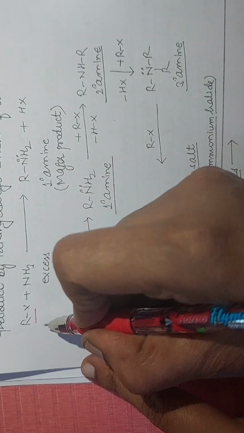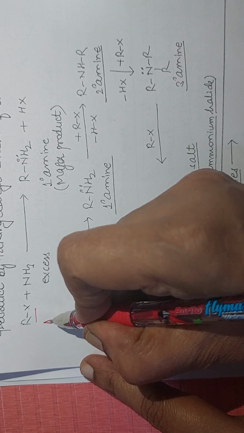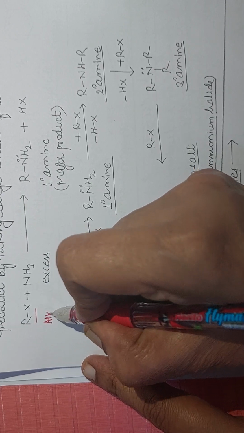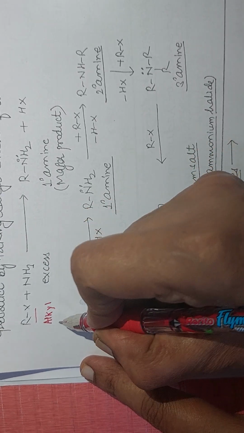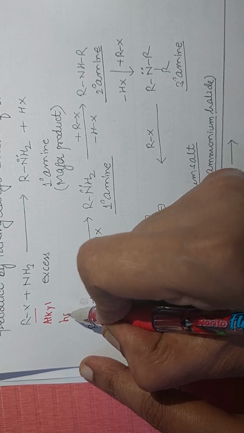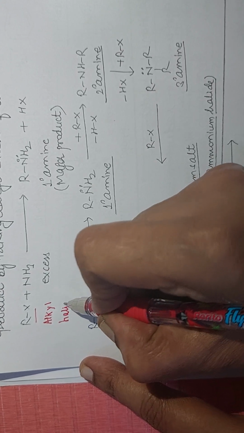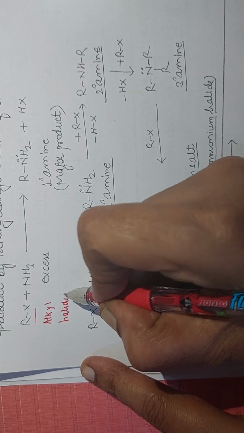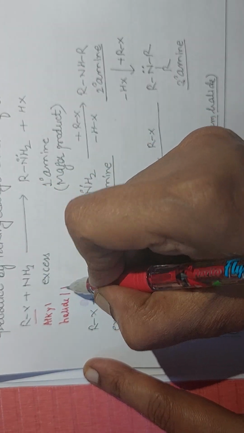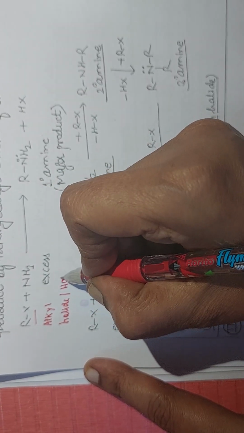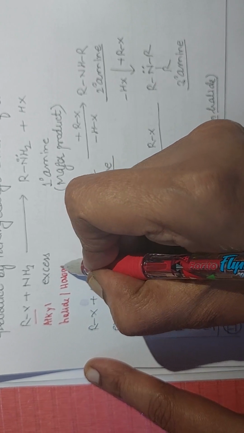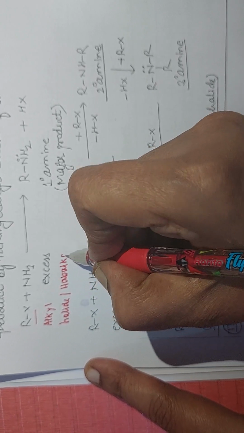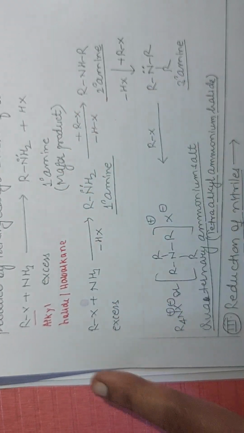This is RX, alkyl halide, also known as haloalkane. Haloalkane is from the first chapter of organic chemistry, haloalkanes and haloarenes. Alkyl halide or haloalkane on treatment with excess of ammonia.